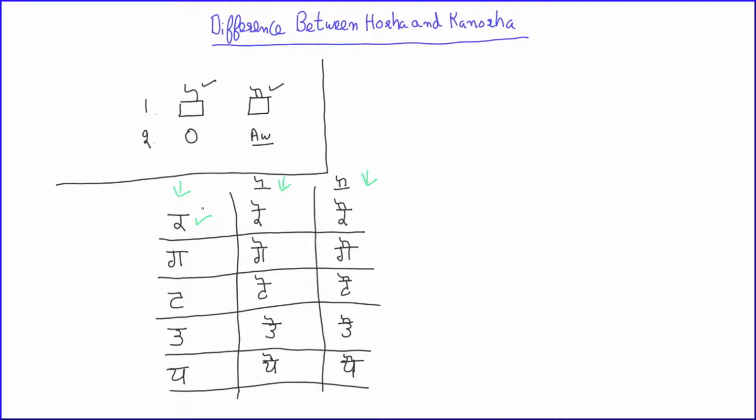Kakka is going to give the sound of K. So now I have put Hoda on the top of Kakka. The sound of Hoda is O. So the original sound was K. I have attached Hoda on the top of the letter. It becomes Ko. Right?